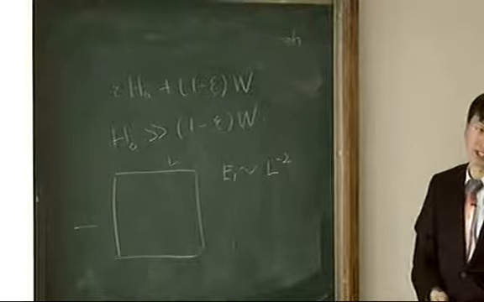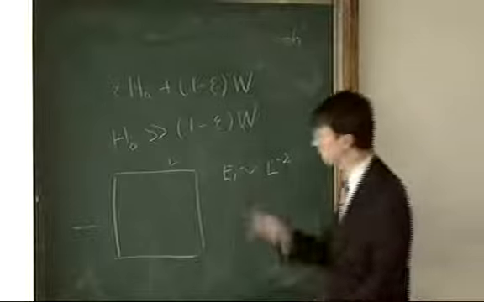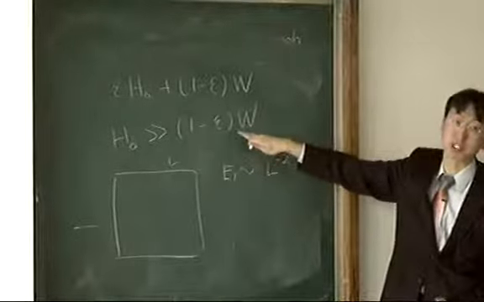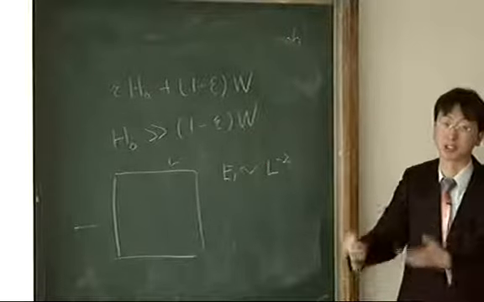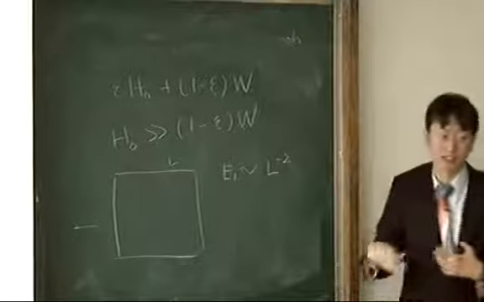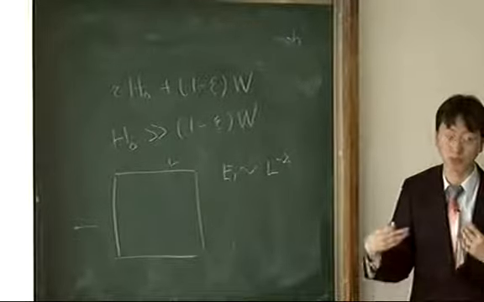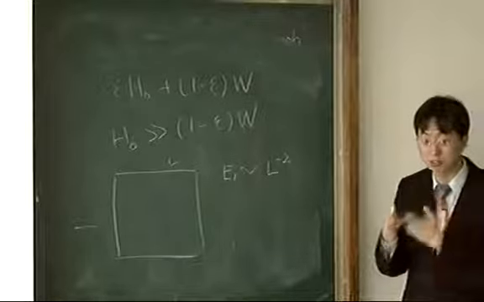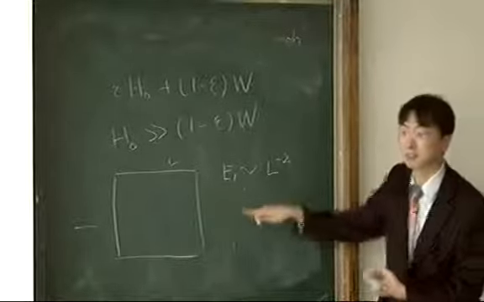So when L is not that large, we can just make this W very small so that this is much bigger than this, and we can go on by using Temple's inequality. But the problem happens when L is very large, and actually we are thinking of the thermodynamic limit, so L must go to infinity, so it fails.